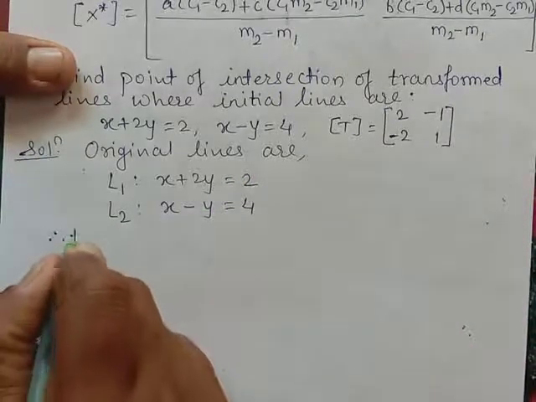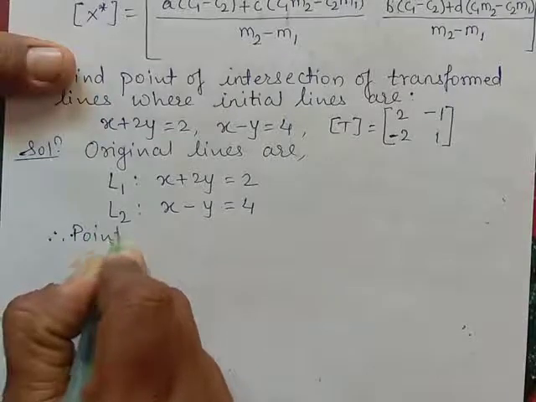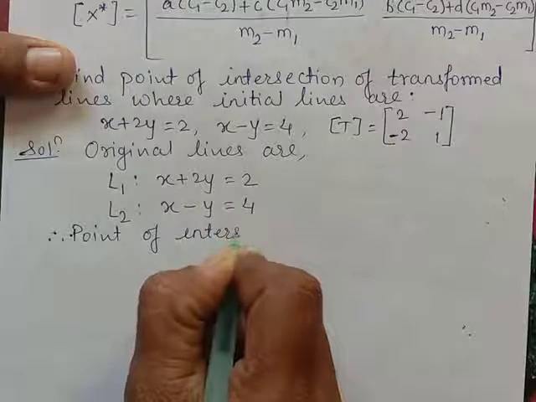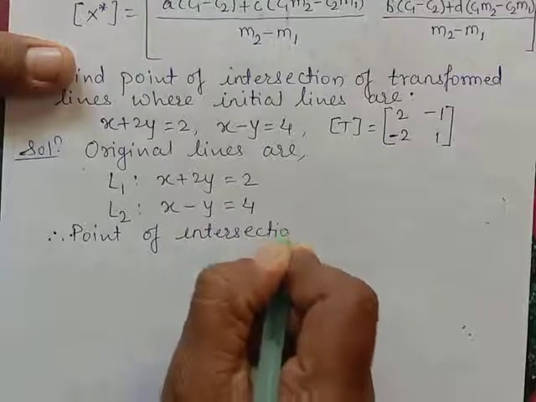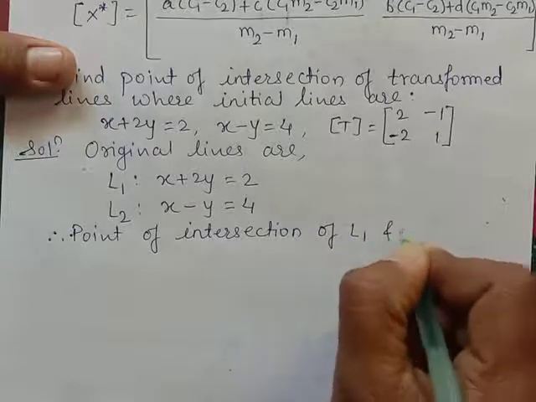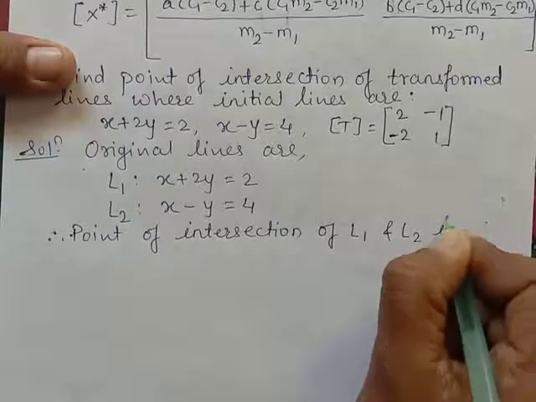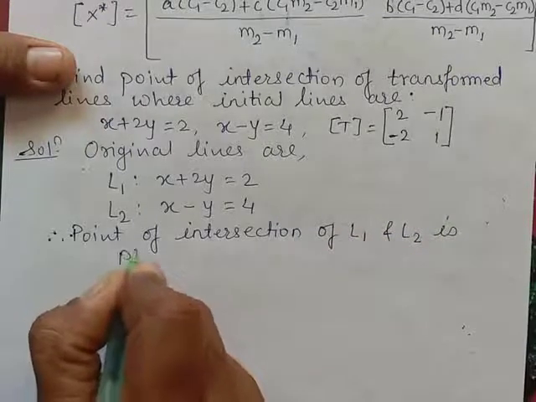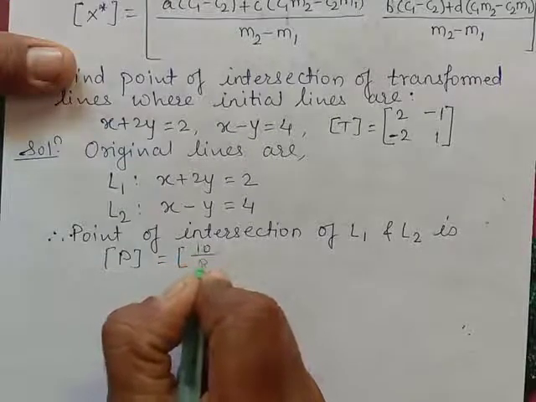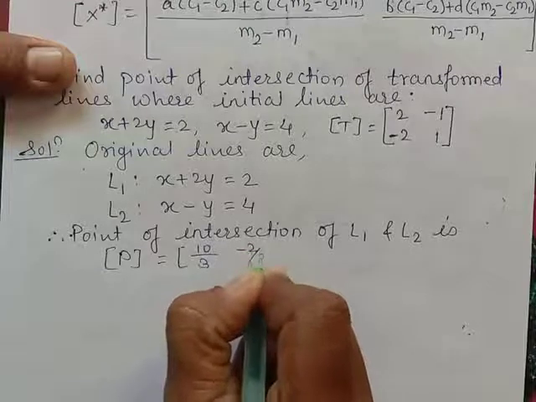So the point of intersection of L1 and L2, I got that as point P. Suppose it will be 10 by 3 and minus 2 by 3.